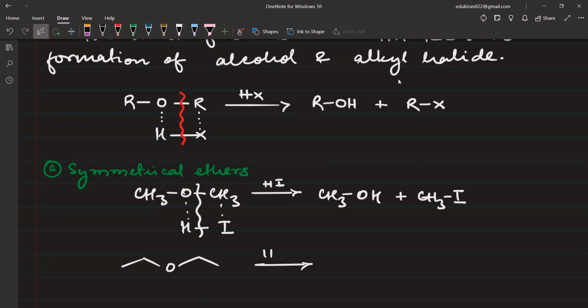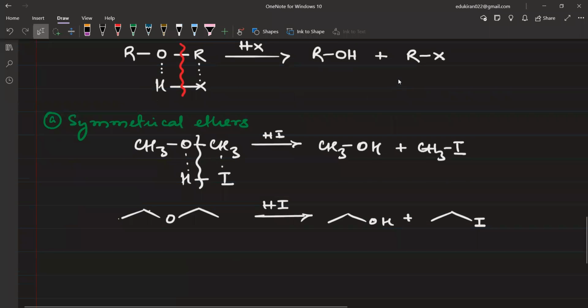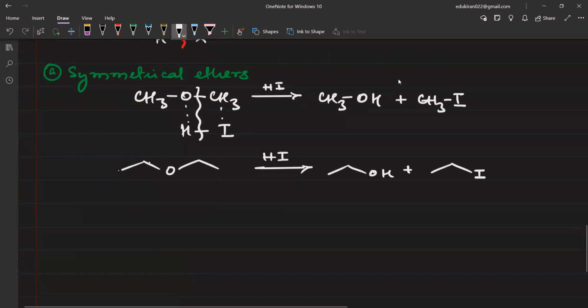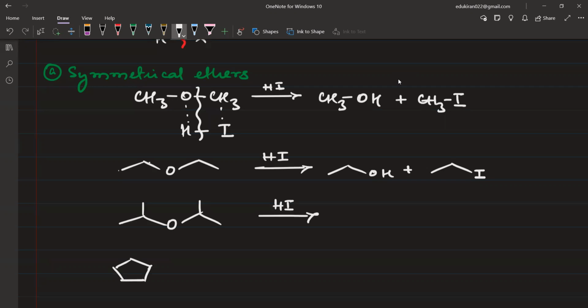Both of them are the same symmetrical ether, so one of them will get the OH and the other will get the iodine. Write the product for this one. Also write the product for this one.